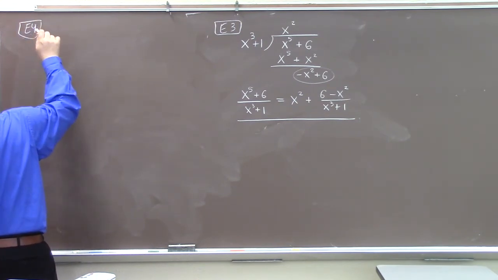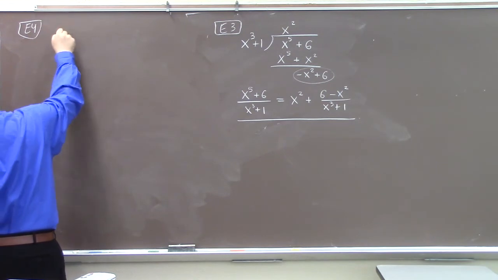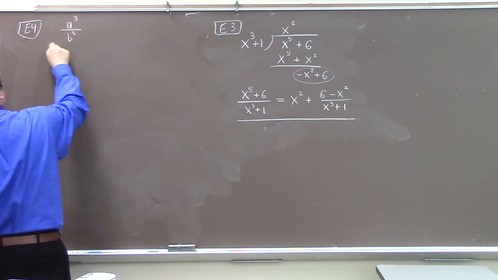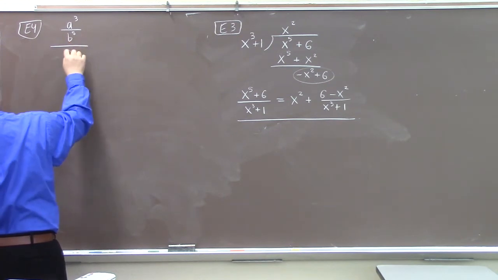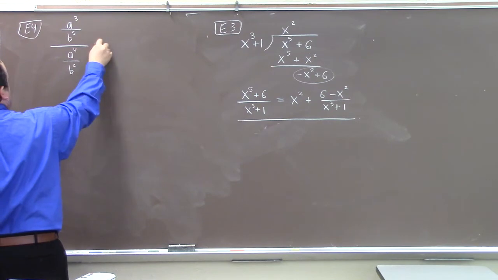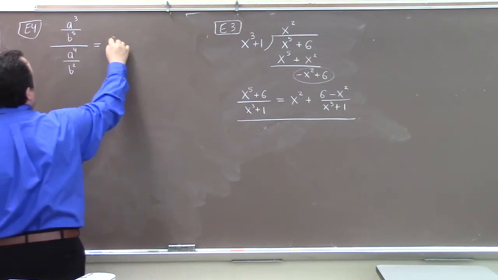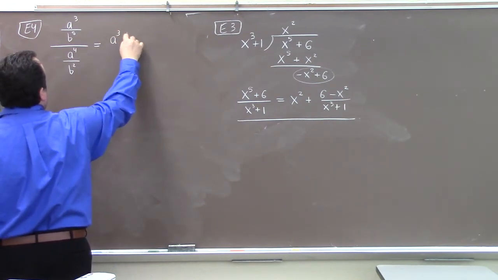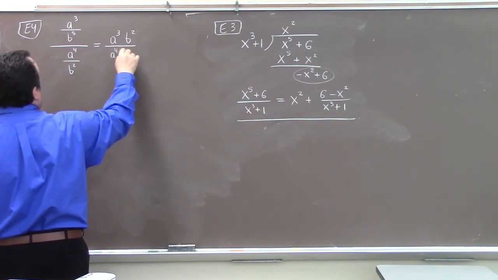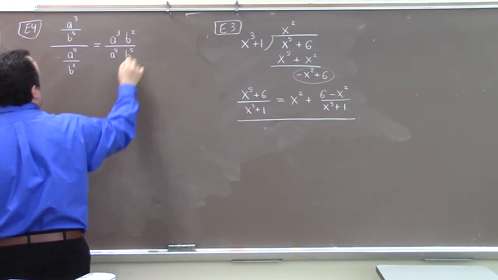So here we've got a cubed over b to the 5th divided by a to the 4th over b squared. How do we simplify this? We go, that's a cubed, b squared divided by a to the 4th, b to the 5th, right?